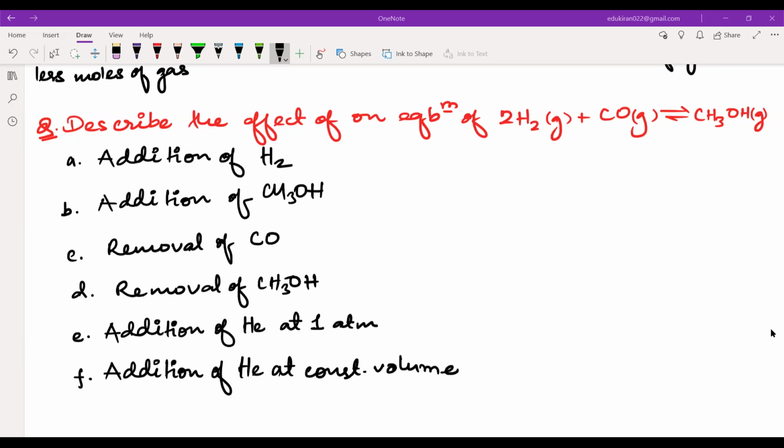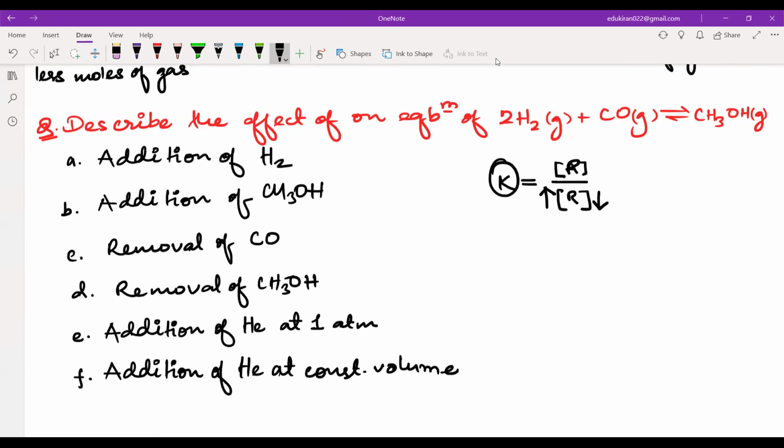See, Mariam, listen here. This K has to be maintained. So what I have done, let me write product here, reactant here. I have removed CO. That means I have decreased the R. So I have to increase this R to make K constant.